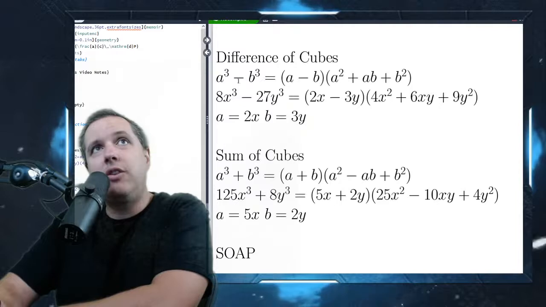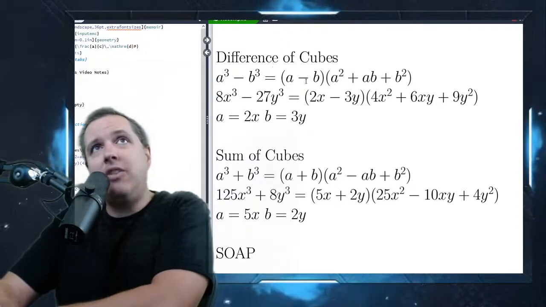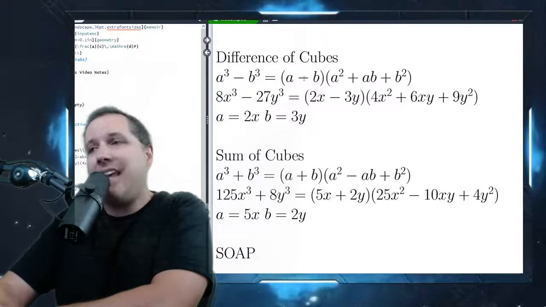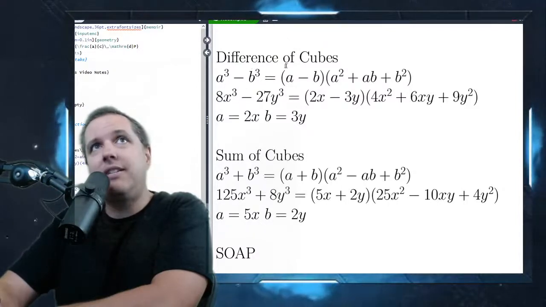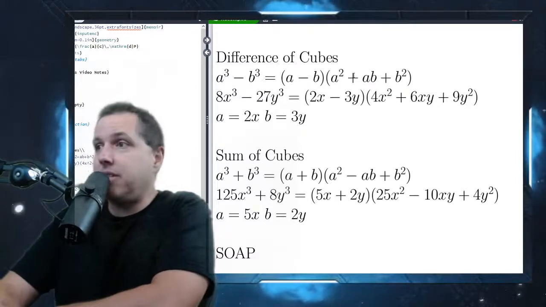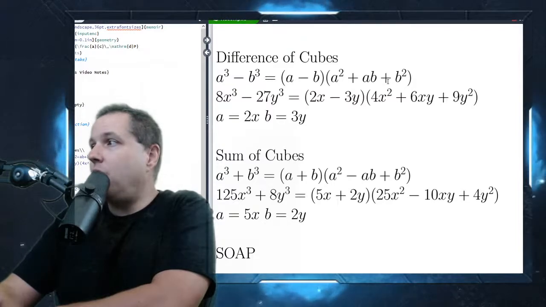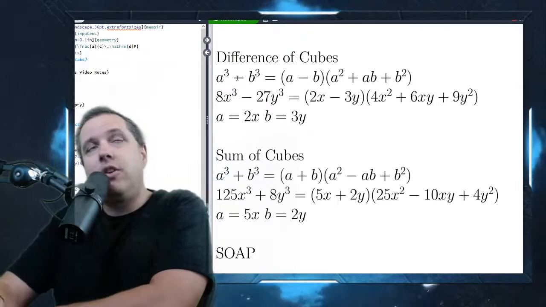You're going to look at the sign that's in the problem that you're working on. The next sign that occurs in the formula is the same, right? So that's the S, same. The next sign that occurs in the formula is opposite. And the last sign that occurs in the formula is always positive. So you get same, opposite, always positive.